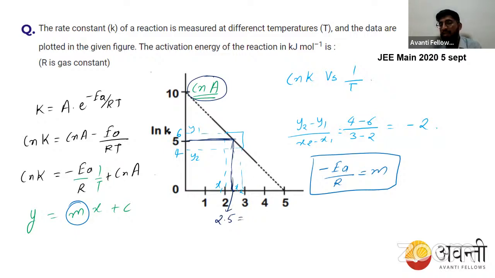If you take 2.5 as the temperature, 2.5 Kelvin, you can calculate the activation energy here too. But the most reliable thing is to find the slope of the reaction. So I think it's clear to all of you. Moving to the next question. Is this clear, guys? JNV Mahe, is this clear?